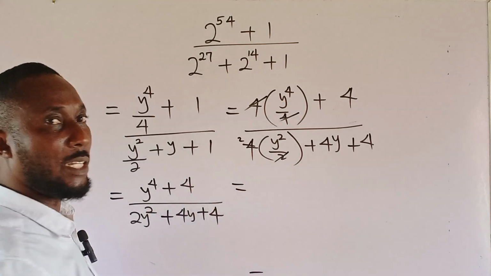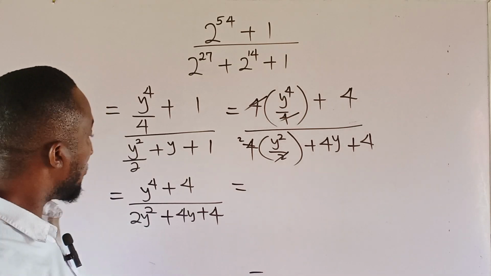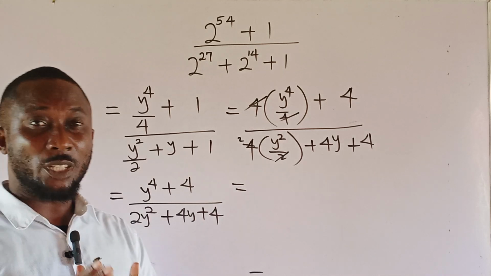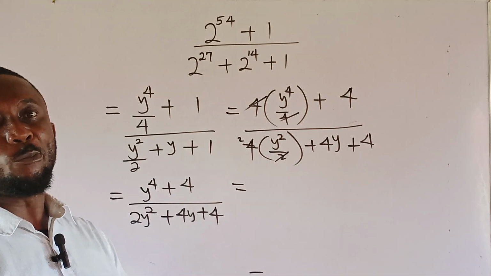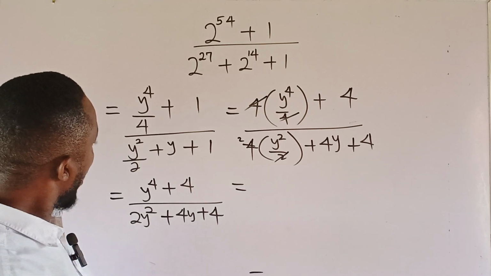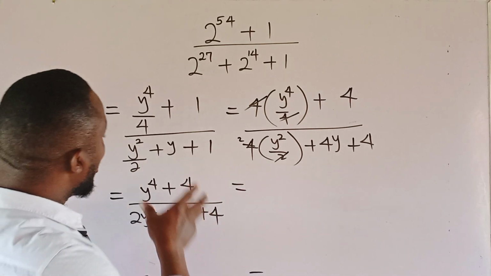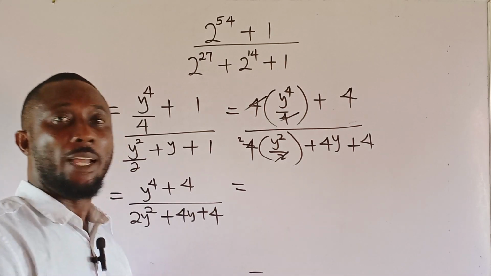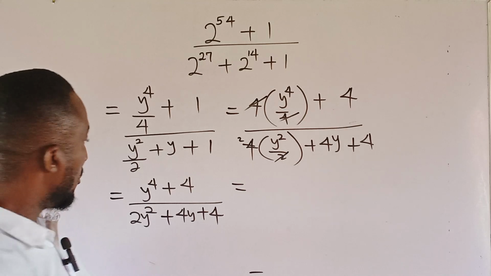Now, the next thing we shall do is find a way to factorize the numerator, and we shall do that by using Simon's favorite factoring technique. So what I'm going to do is write the numerator as a perfect square trinomial minus a difference of two squares.